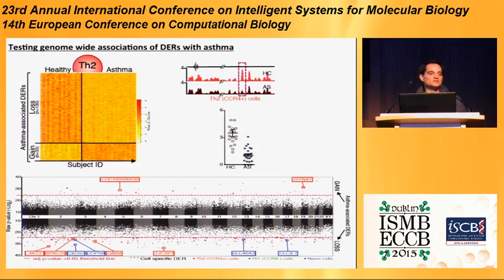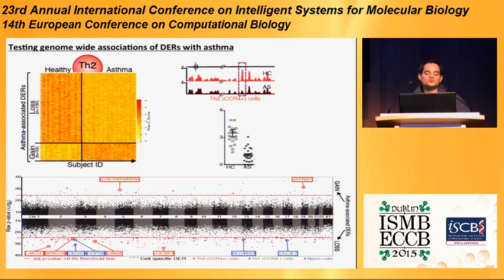So, of course, we were not only interested in the enhancer landscape comparing the different cell types. We were also interested in comparing our healthy subjects and the asthmatic patients to each other. So I have again applied MEDIPS to identify differentially enriched regions in 3 different cell types. We observe no DIRs in the naive cells.